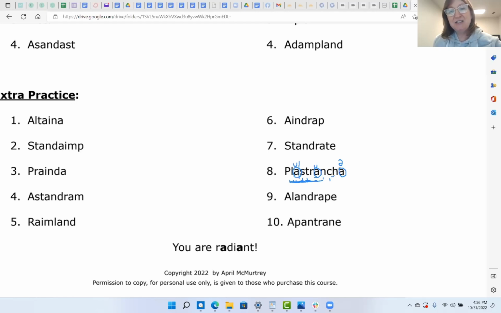Then the CH is its own grapheme. Plastranch. And then the... Plastrantia. That was hard. That R right there, that was hard to get. Plastrantia. I'm glad that you guys picked that one. Oh, these are fun.